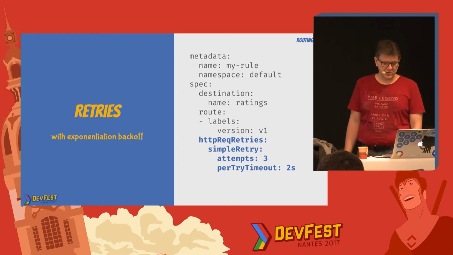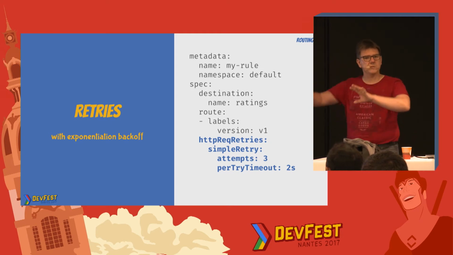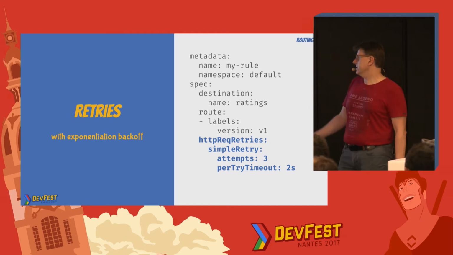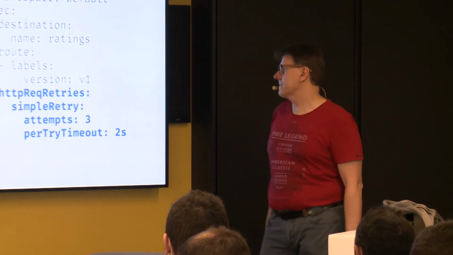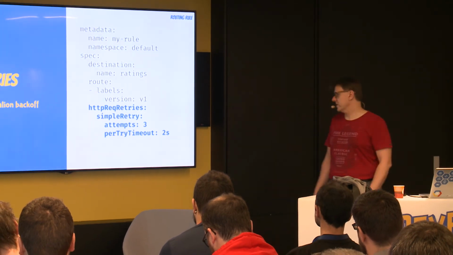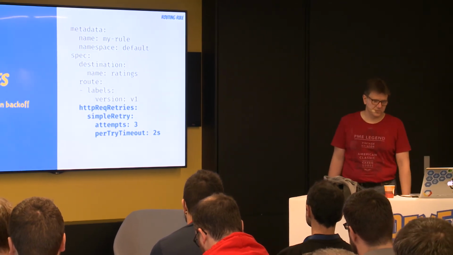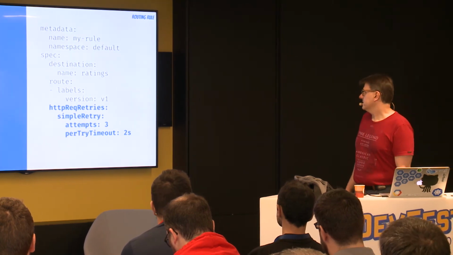So again, just push a YAML to the Istio network, say version 1 of the rating service, 3 attempts is okay, and just try for 2 seconds.